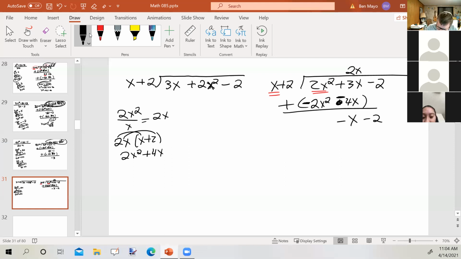So now I'm going to take that divided by that. What's negative x divided by x? You said 1, you said 0, and somebody said negative x, but it's negative 1.